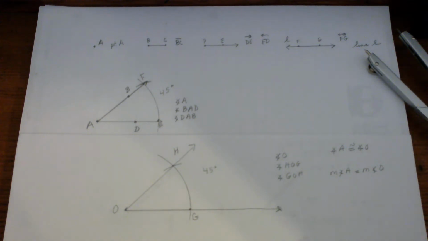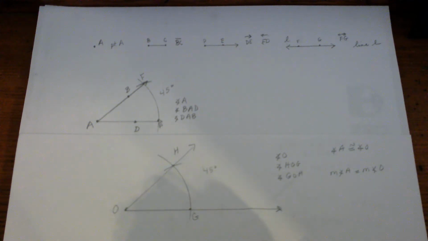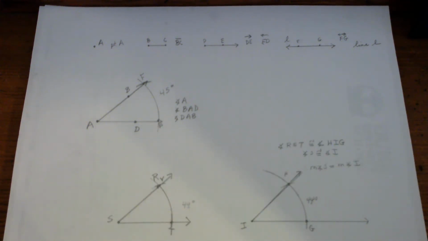Now I'm going to move this piece of paper because I did this before when I was doing things upside down. And I constructed angle RST, and then I drew angle RST, and then I constructed congruent to it angle HIG.